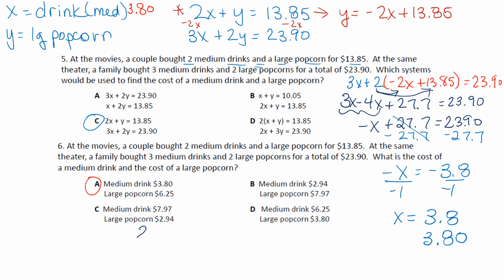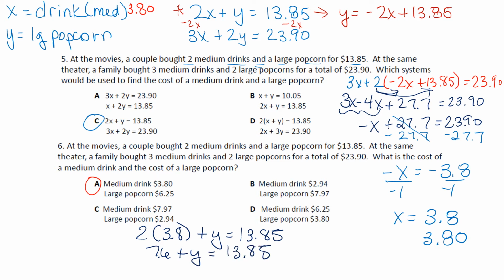We're going to do 2 times the 3.8 plus y equals 13.85. So that's going to give me 7.6 plus y equals 13.85.